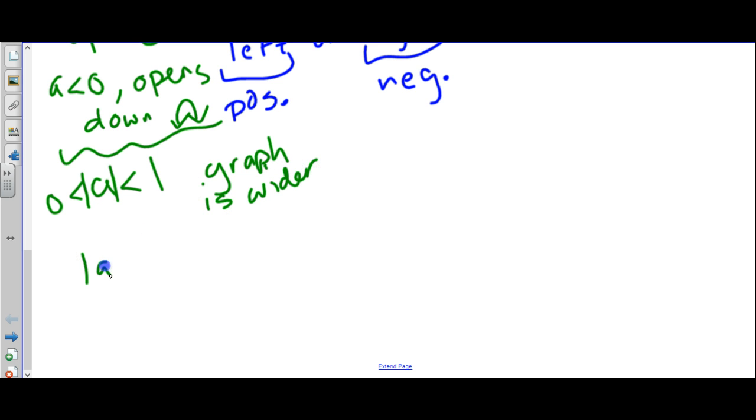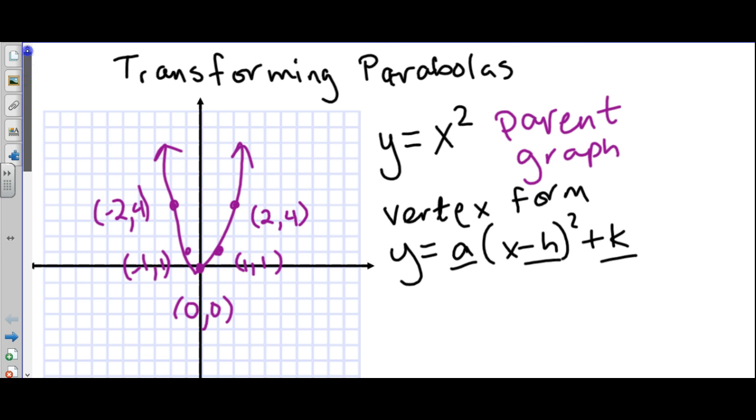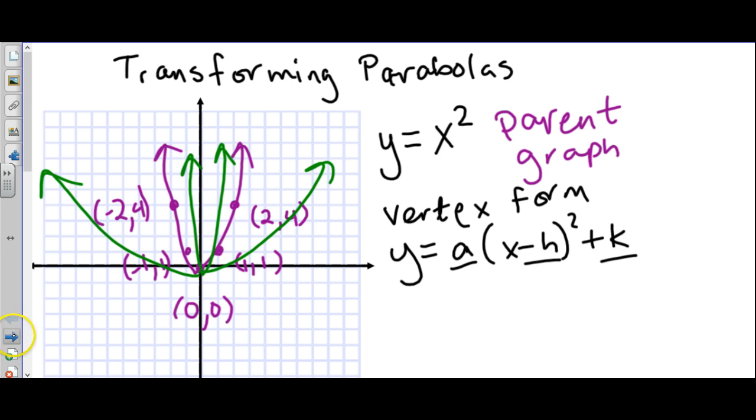If the absolute value of a is bigger than 1, the graph is narrower. So looking back up at that parent function, wider would mean move the sides out and down a little bit, and it makes it wider. If we were talking about narrower, it would move it in a little bit.